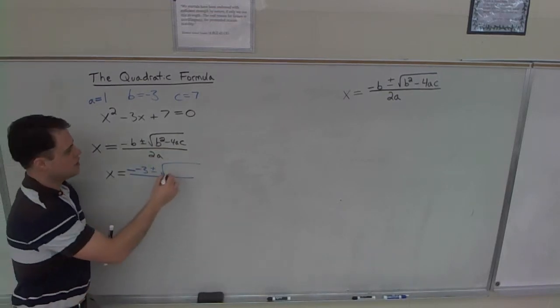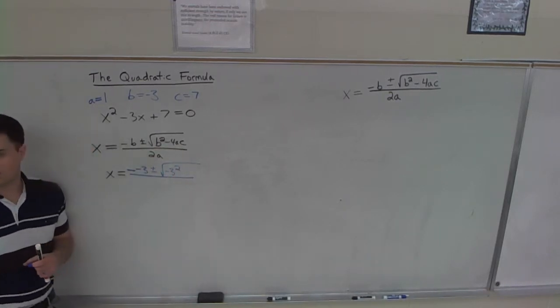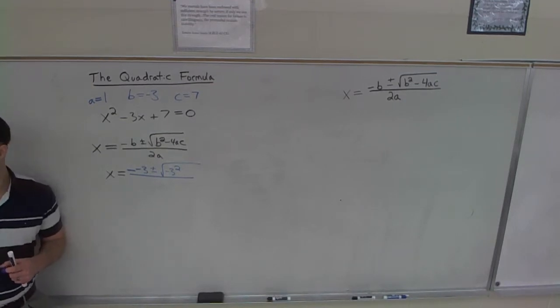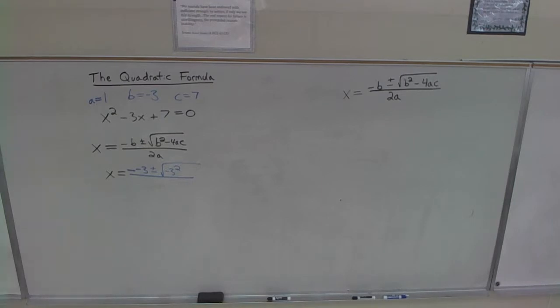So you can write b squared, but see, some people will do that. That's not correct. Somebody tell me why that's not correct. Some of you are going to write this down on your paper if you're not paying attention.